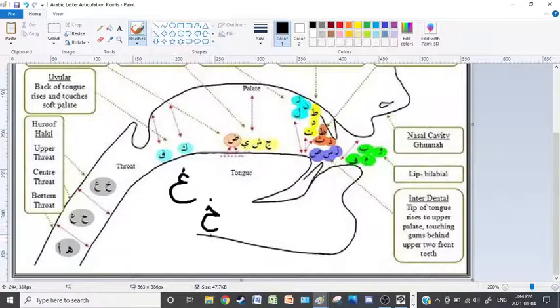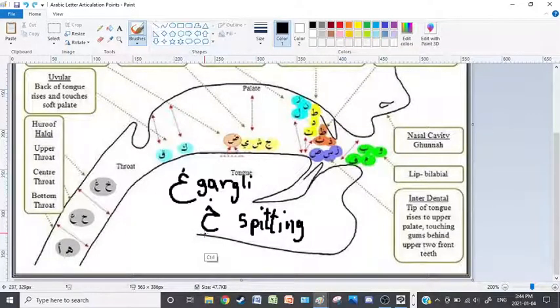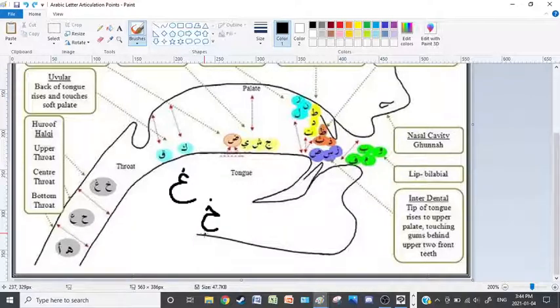Ghain. This is the spitting sound, as if you're preparing phlegm. And this is the gargling sound. And I actually knew someone who was unable to gargle. So if you do not know how to gargle, it simply involves you tilting. So let's say this is the head.